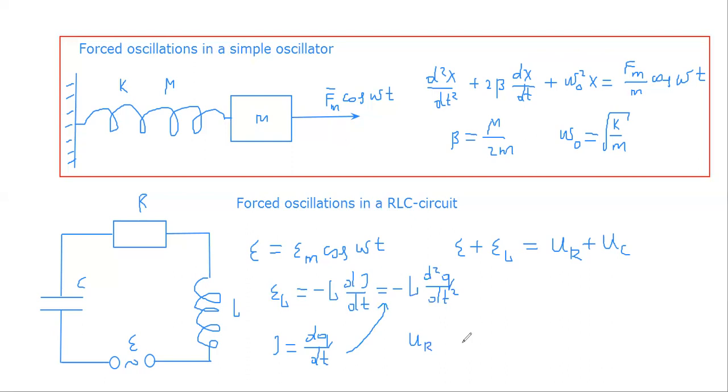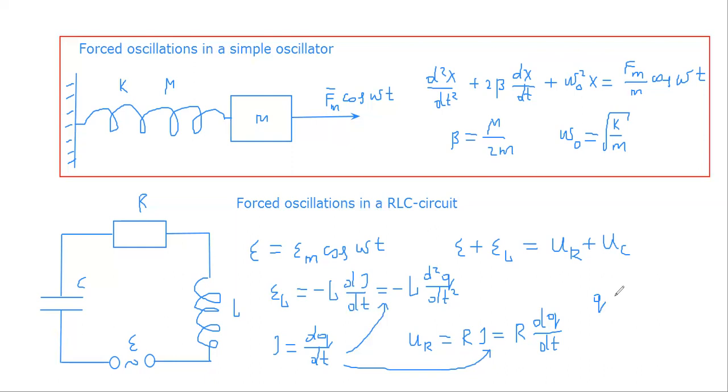Okay, what about voltage across resistance? Voltage across resistance is equal to resistance multiplied by electric current. So this is R multiplied by derivative dq by dt. And what about voltage across capacitor?